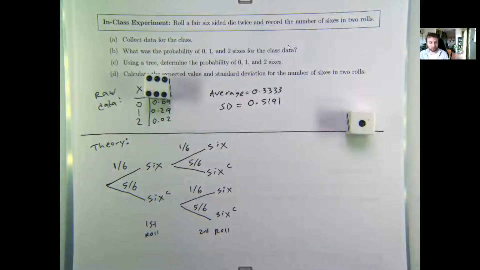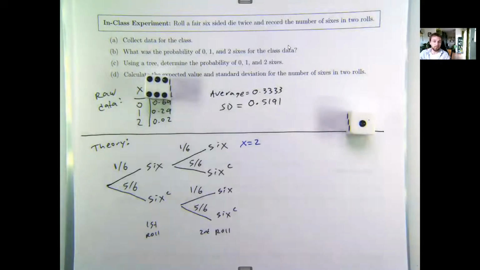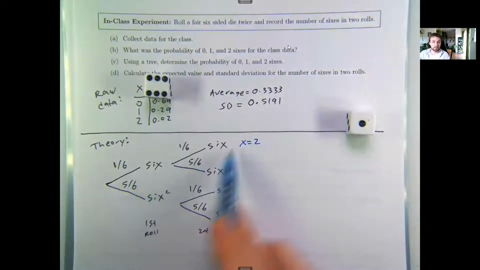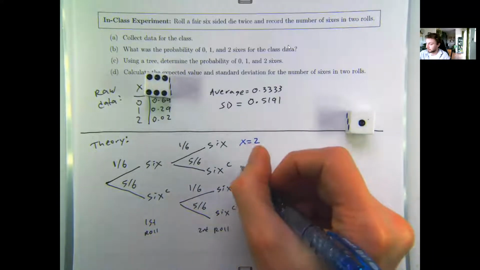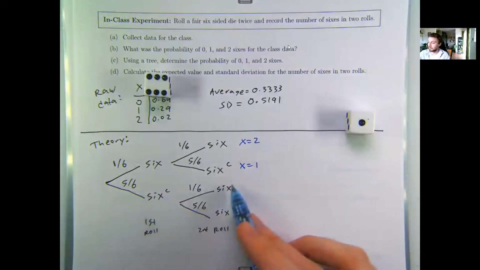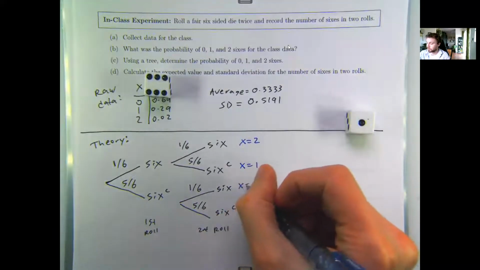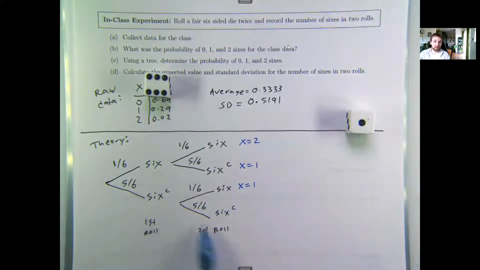Now I'm going to count in this tree. At the top, you've got 2 6s in a row: 6 and then a 6. This spot here represents getting a 6 and then not a 6. This represents no 6 and then 6. That's 1 6 in 2 rolls. And this bottom one represents no 6 and no 6.